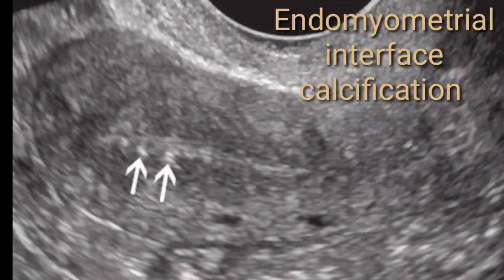You can also give your suggestion that previous history and correlation with previous medical records should be considered for this tiny calcification, because this could likely be post instrumental calcification.